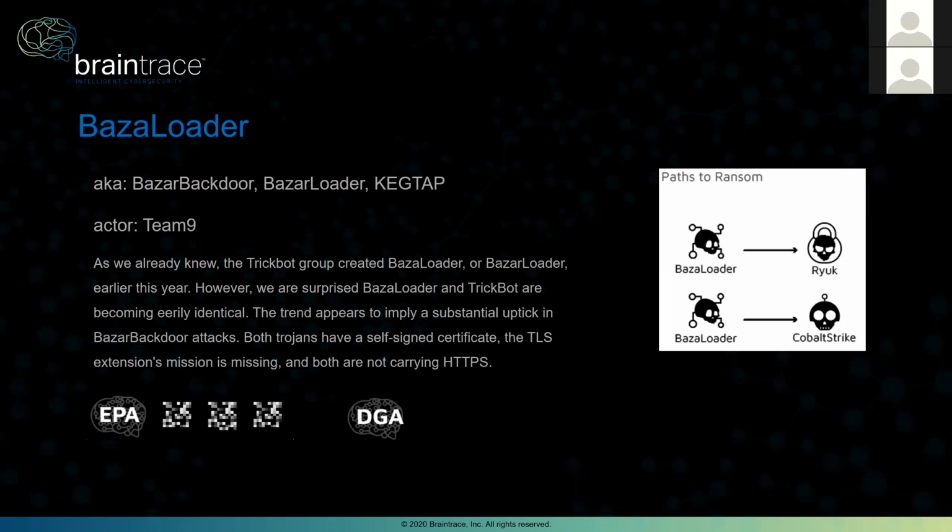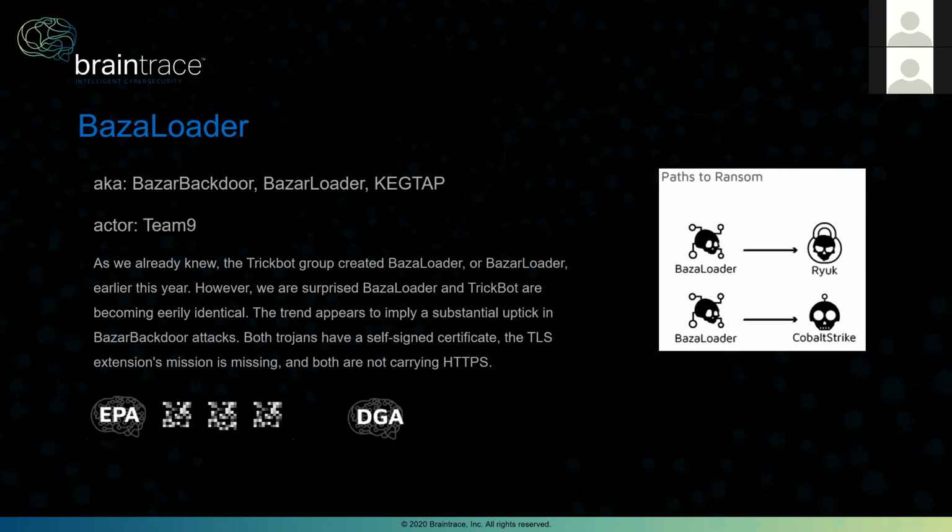The other thing about Baza loader though is they are using DGA for some of their communications. For exfiltrations, they're using DGA pretty heavily. Our DGA detection engine picks up on Baza loader right out the gate.